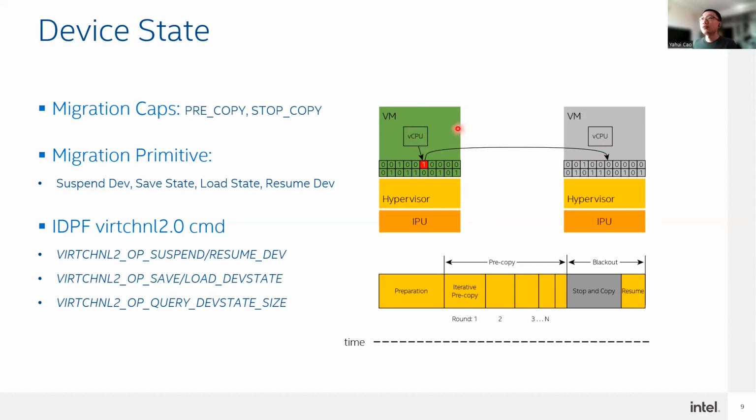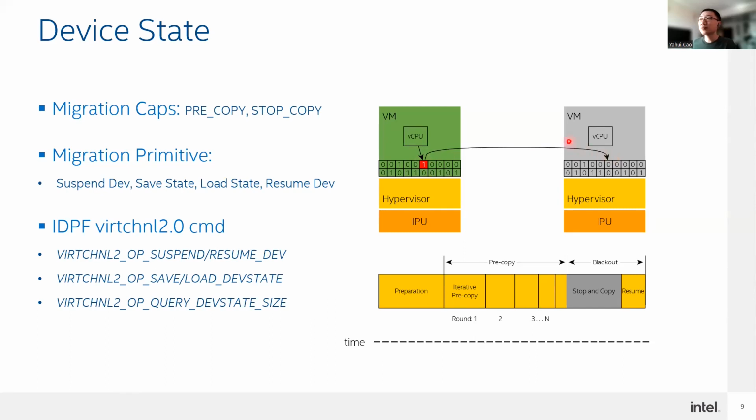But as you know, while the VM is running, the data copied in the previous cycle may change. For example, if we copy everything from left to right at this time, and next time a vCPU writes 1 into this place, the left side memory for this part is not the same as the right.